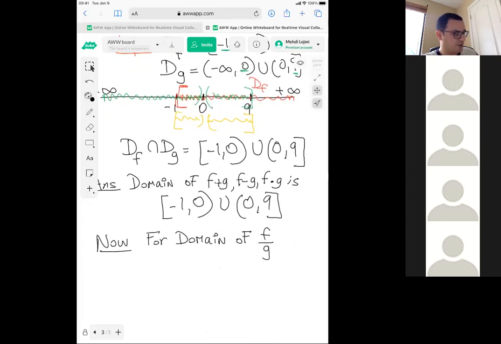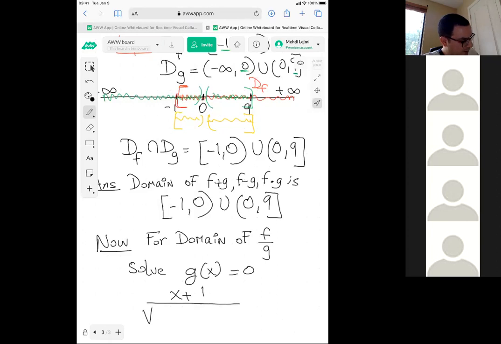The bottom here would be g, so we have to solve g of x equal to 0. What's g of x? g of x is x plus 1 in the top, and in the bottom we have, I think, square root of 9 minus x minus 3 equals 0.